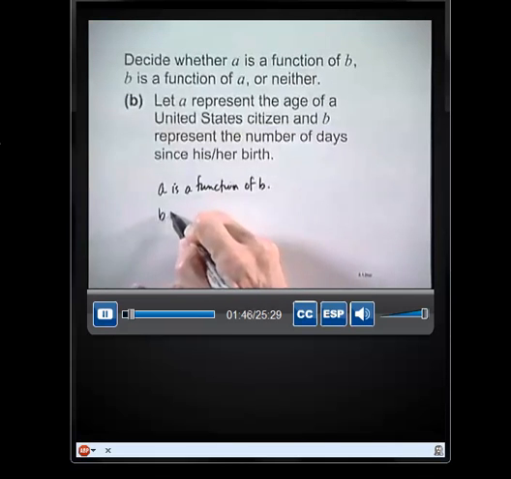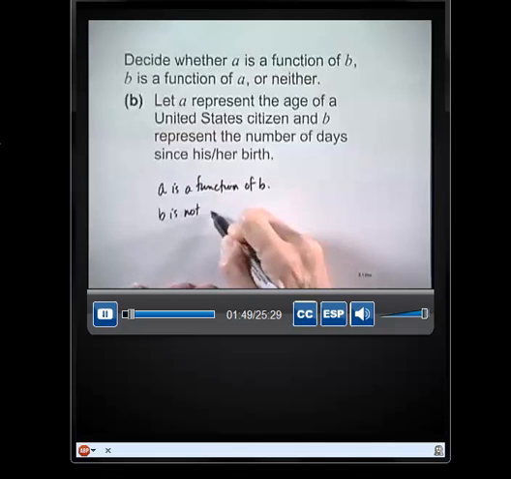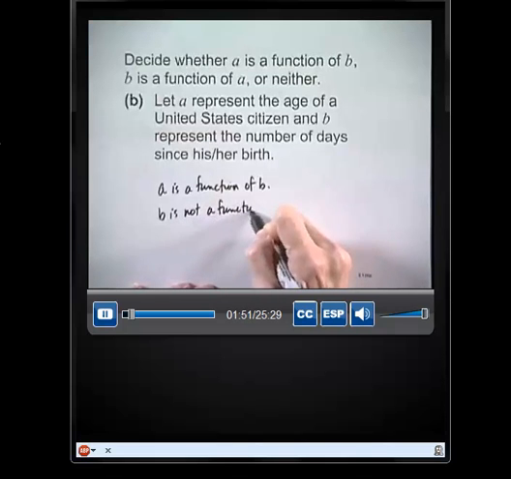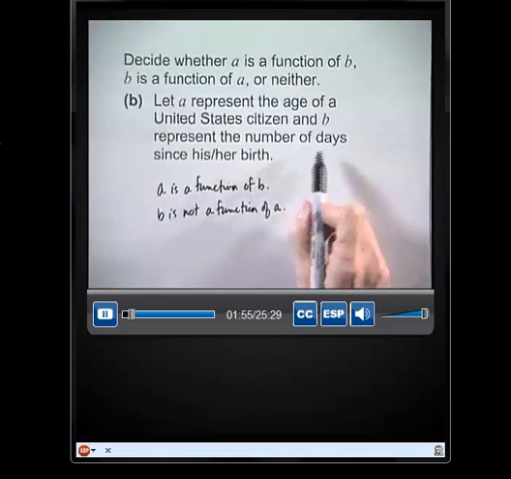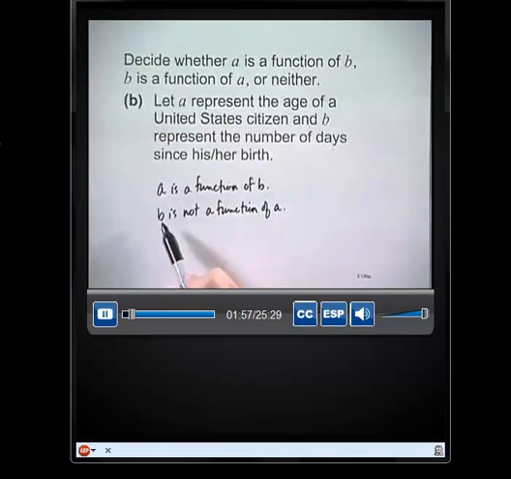But B, we'll say, is not a function of A, specifically because of the word days. The number of days does not depend on your age. It depends on exactly your birth date.